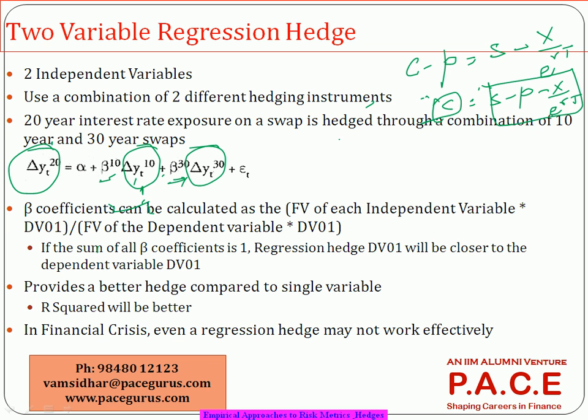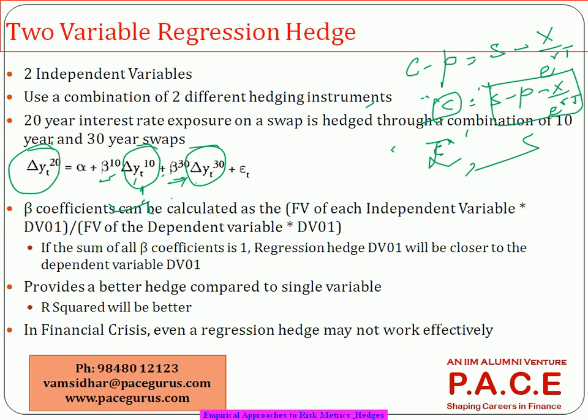If these two are not equal, we said we can create an arbitrage. Here, how is the arbitrage getting created? Long on this, short on this, or short on this, long on this.